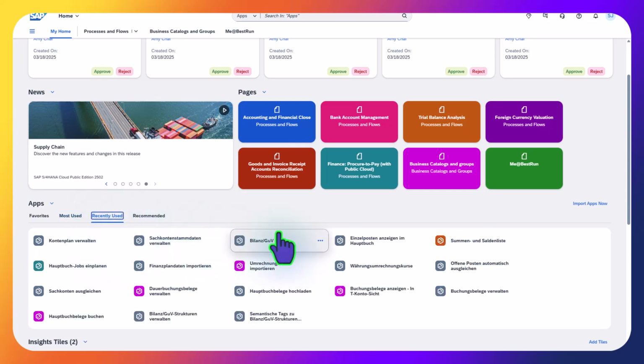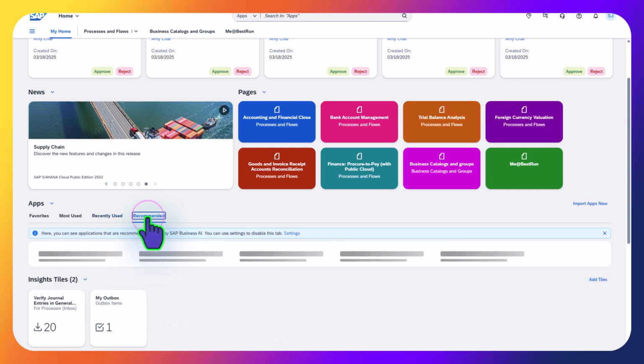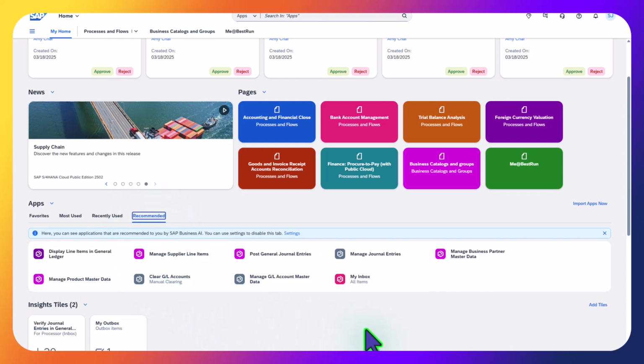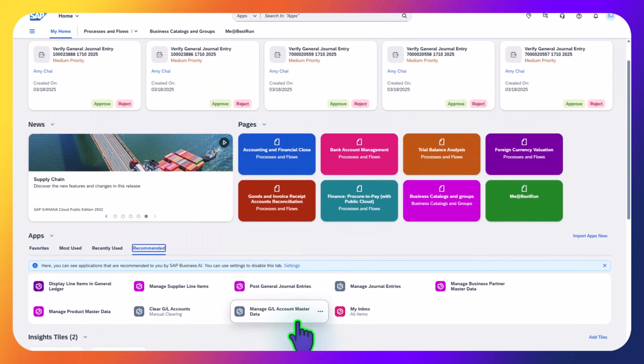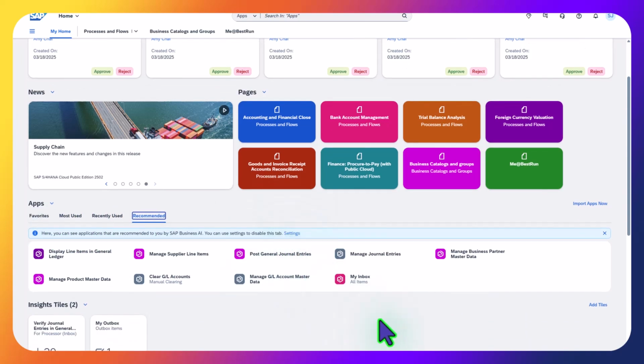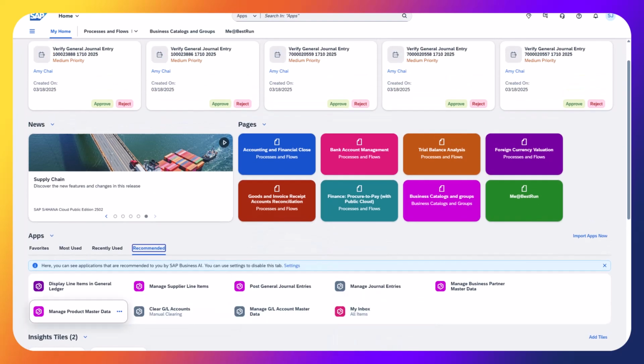That is the problem of the past, because now you get the recently used transactions. And the system also gives you some recommendations on insights and reports that you might need to add to your profile, and transactions that you might need, considering the transactions that you use most of the time. So let's get started.